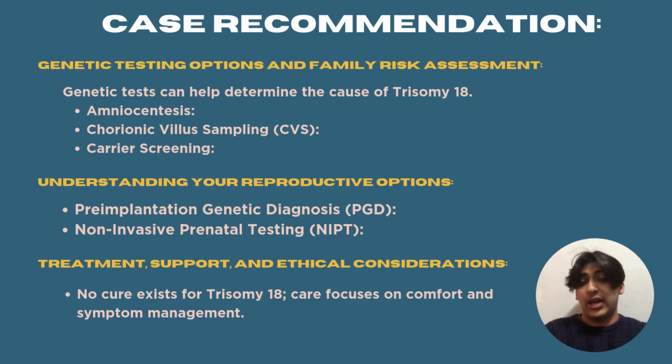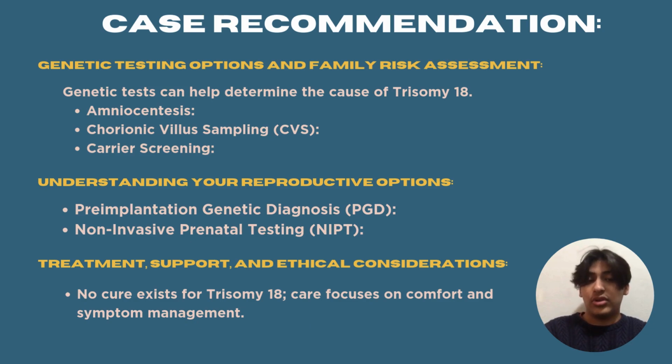However, if a parent carries a balanced translocation, which is a rearrangement of chromosomes that does not affect an individual, the risk increases. Carrier screening is recommended as it would help assess your entire genetic risk. Understanding your reproductive options: if trisomy 18 is due to random error, the chances of it happening again are very low.